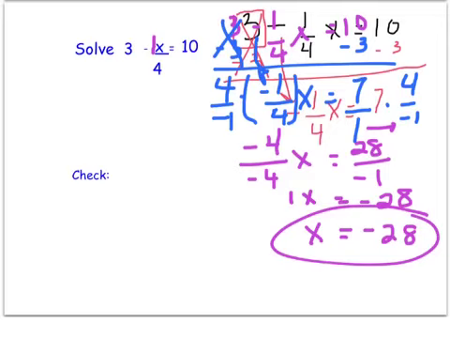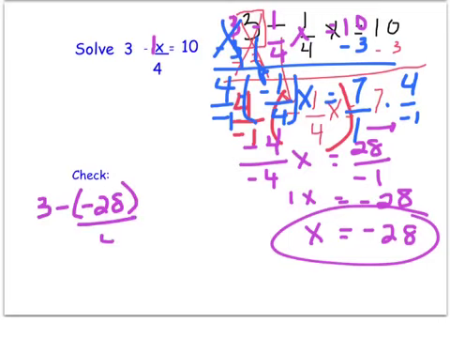Okay, so now what we're going to do is check. Wherever I see x in my equation, I'm going to plug in negative 28. And I've got to be really careful to plug in exactly what I have. So I'm going to go ahead and rewrite my equation. 3 minus, now what's x? Negative 28 over 4 equals 10.